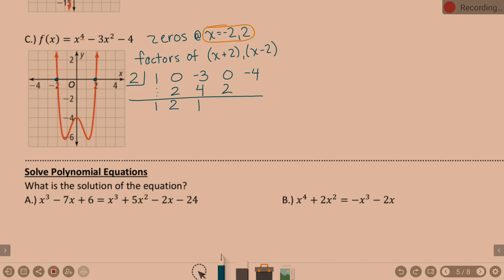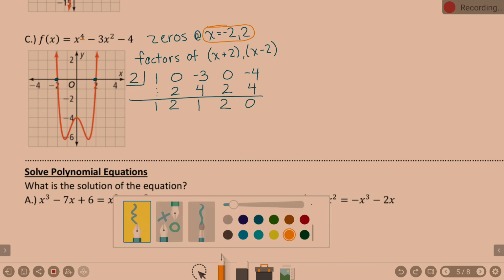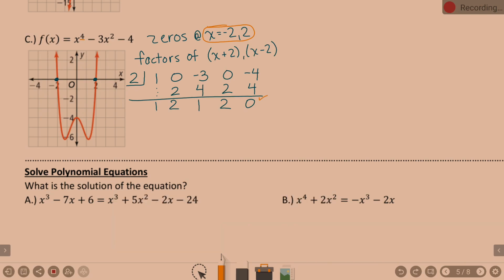Add 0 plus 2 is 2. And then multiply. 2 times 2 is 4. -4 plus 4 is 0. Now, this is good news, yes? We got a remainder of 0, which means 2 works. We expected 2 to work. It's on the graph. There was never any question whether it would work, but there's our confirmation.